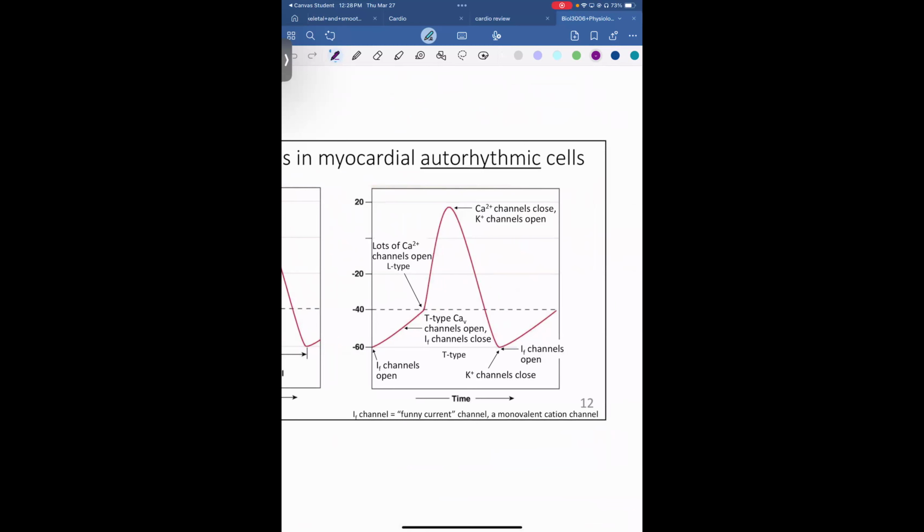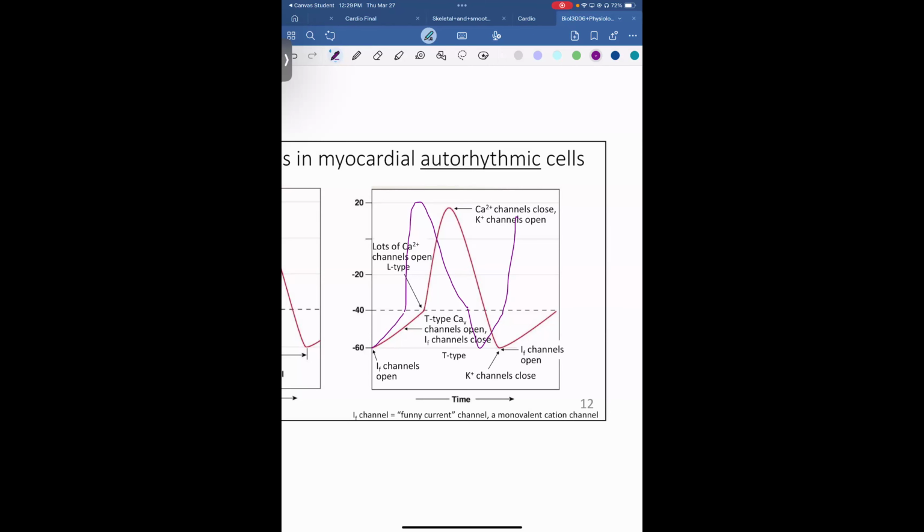Because we're making it depolarize faster or easier, this is just going to happen sooner. I don't think the I-funny channels are phosphorylated. There's just more ions moving in and out of the I-funny channels. Does that make sense? Because the T-type channels are more open, yes. Conductance is just allowing more ions to move through.